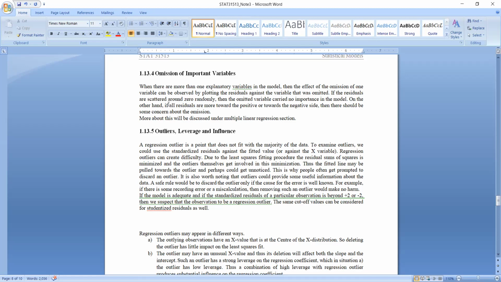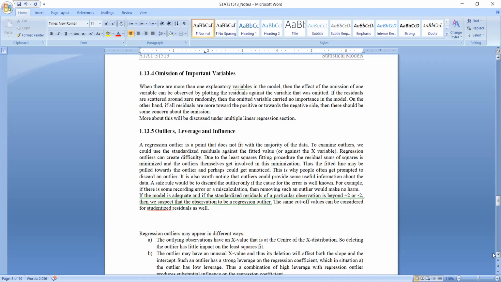And what will happen when we add a particular x variable. So in this case, when we omit or when we add a particular x variable, if the residuals are moving towards the positive side or moving towards the negative side, then we have to pay attention to that variable. But we are not going to discuss this point here, since it's not relevant to simple linear regression.